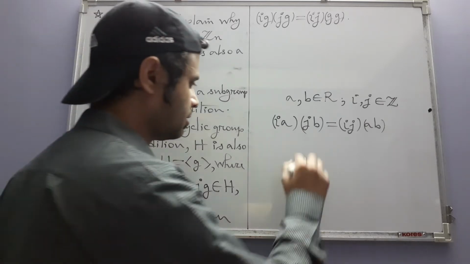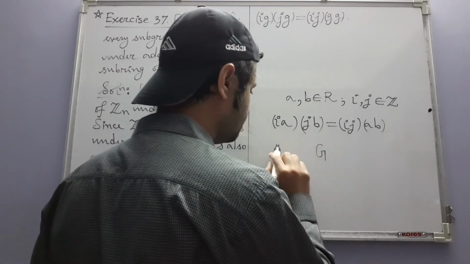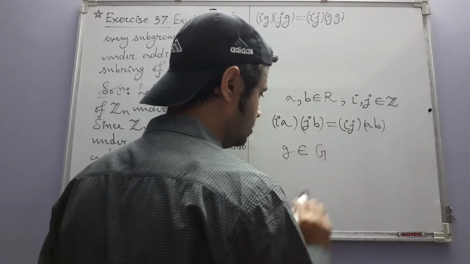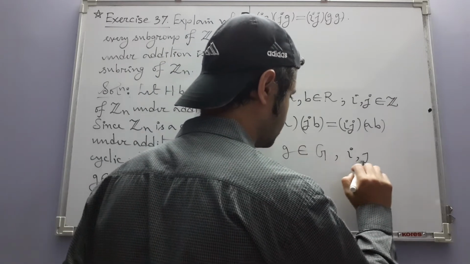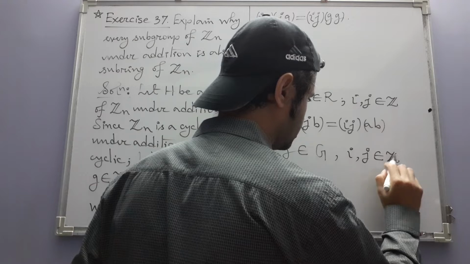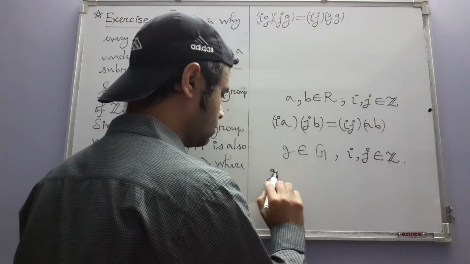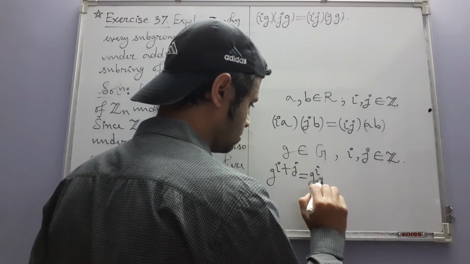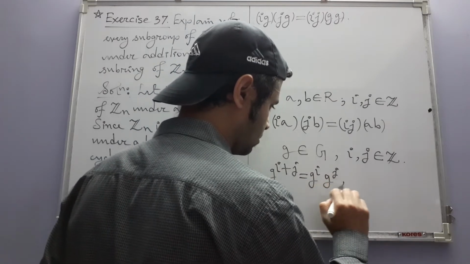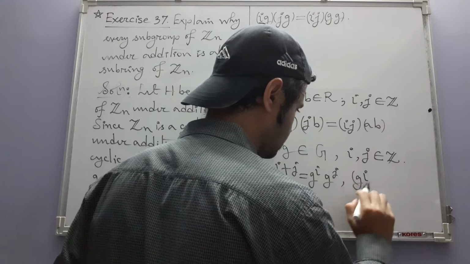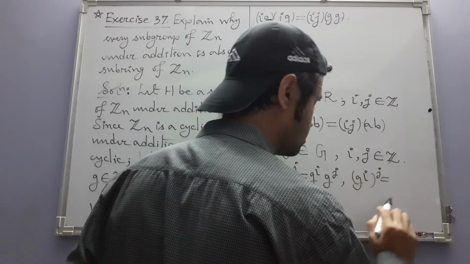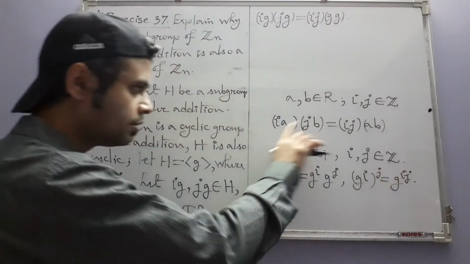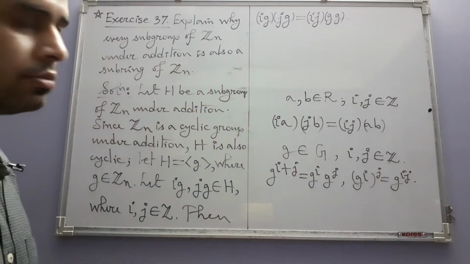If you have a group G in which you have an element g and say you have integers i and j, then one rule says this and the other one says this. This is not any one of these two.